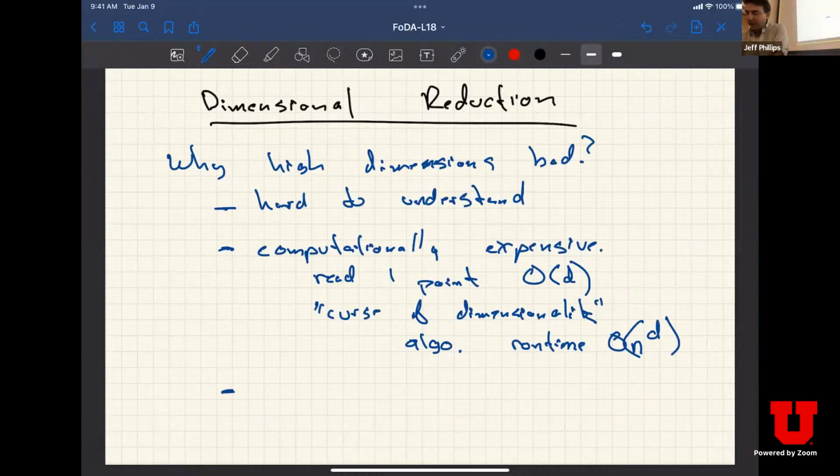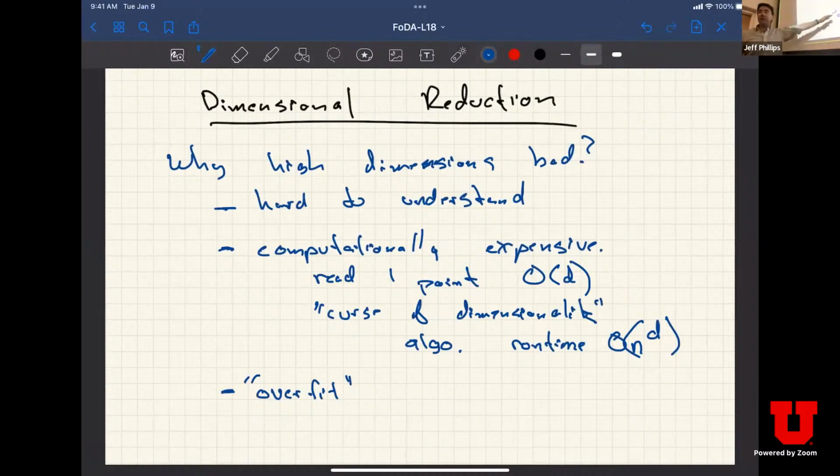And then the other reason is sometimes you might overfit, right? This would be like if you're doing linear regression with lots of parameters. If you fit a linear model when the dimension is very high, you might end up overfitting because you have D parameters you can learn in linear regression, and that might be way more than you have data.